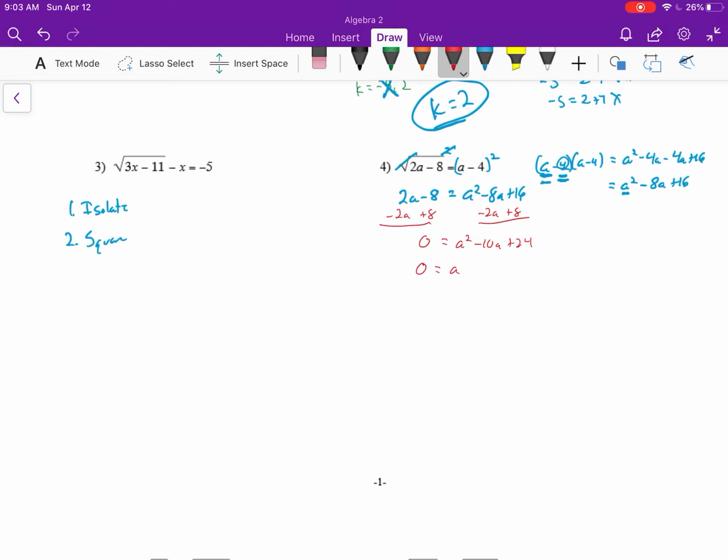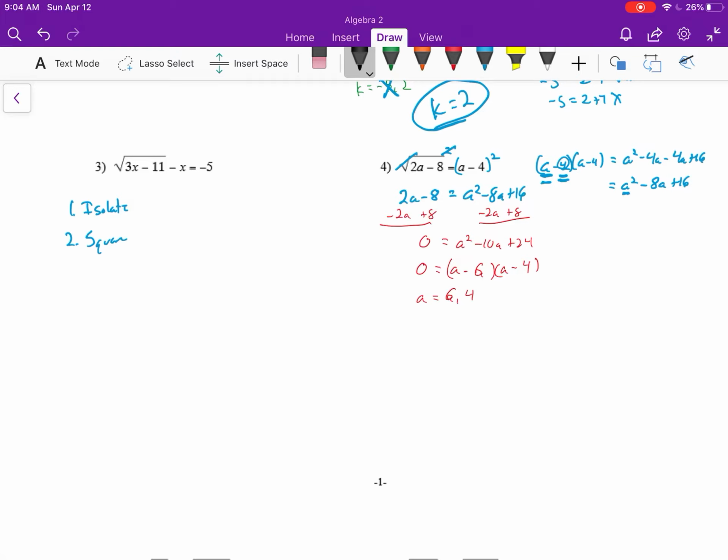We can factor here. So a and a, to get 24, we'll need 2 negatives because it's a negative 10. It looks like 6 and 4 will work out for us. So a will equal 6 or 4.